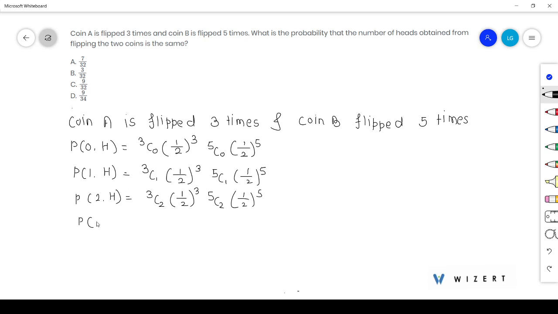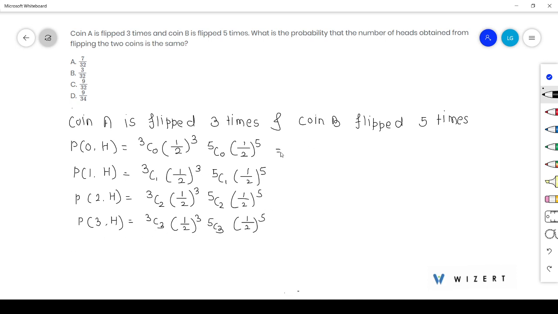And probability of getting exactly 3 heads is 3C3, 1/2 to the power 3, and 5C3, 1/2 to the power 5. Okay. Only these possibilities will be there.